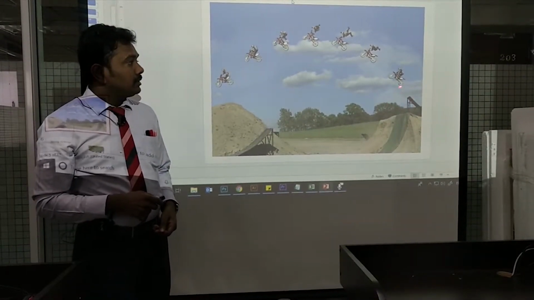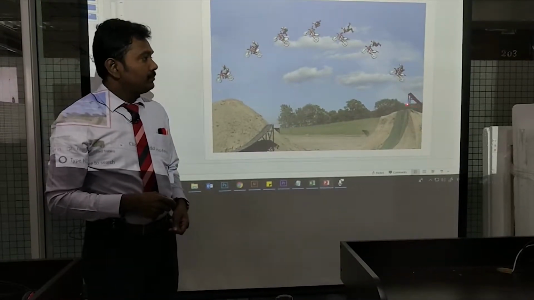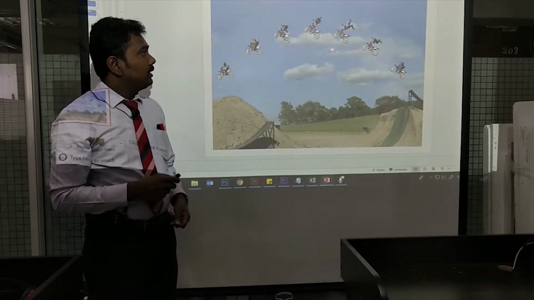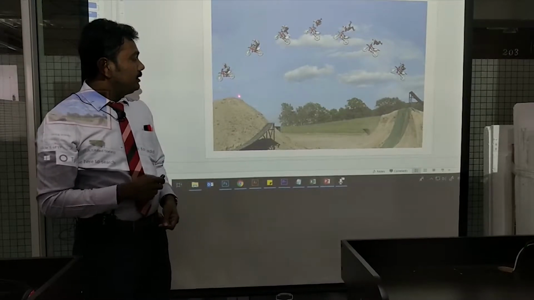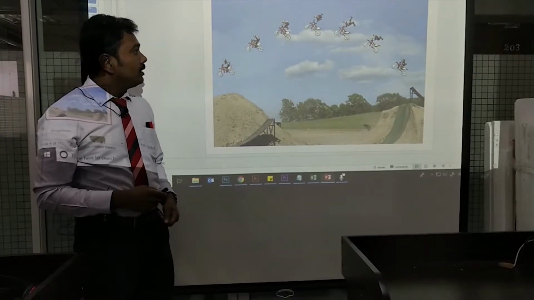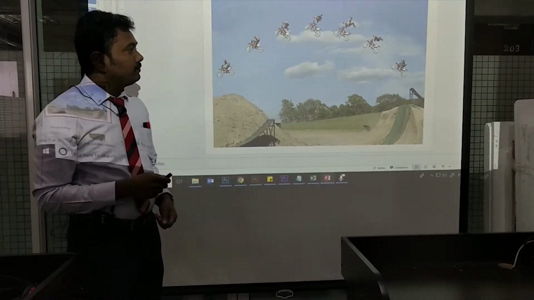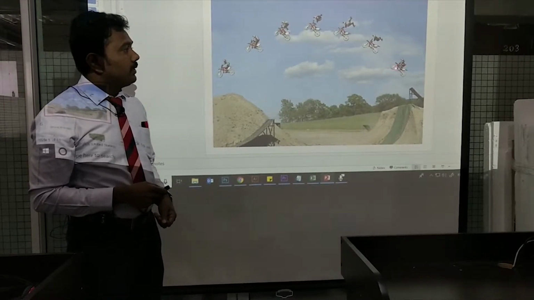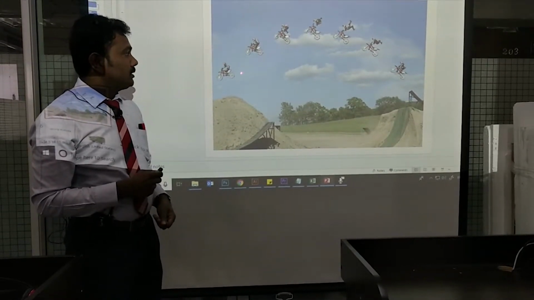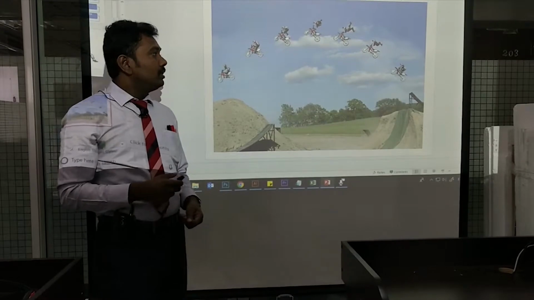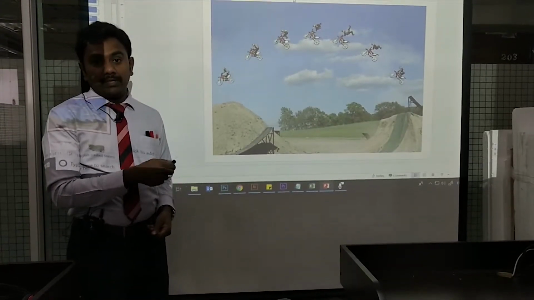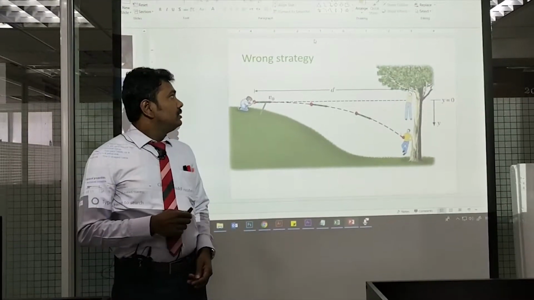The biker is leaving one ramp, traveling into the air and landing on the other ramp. If you look carefully, the biker and the bike together will be a projectile because the only force acting on them is the gravitational force.